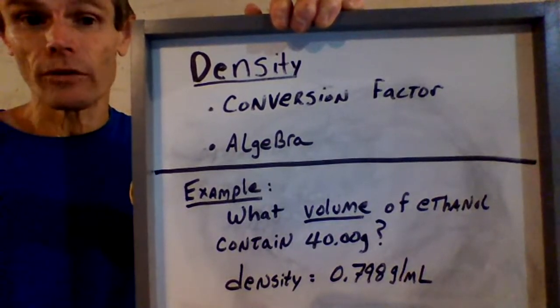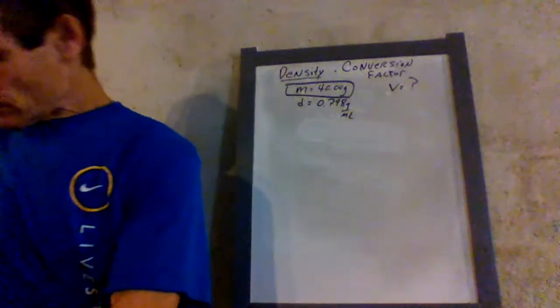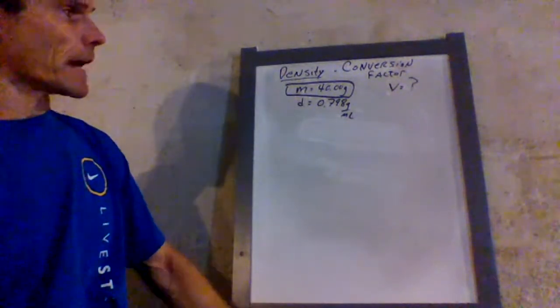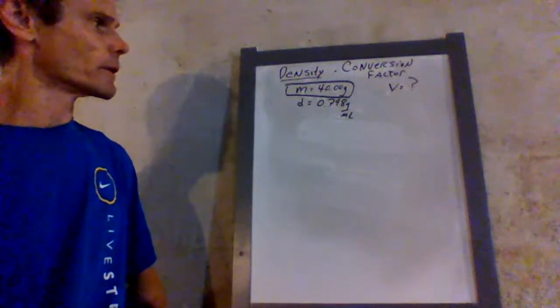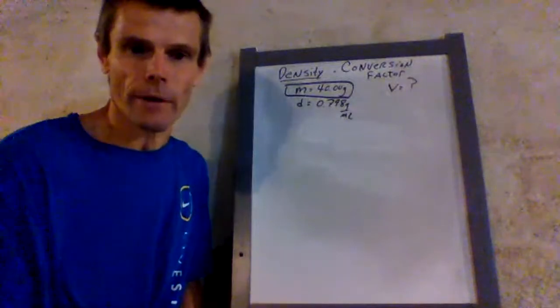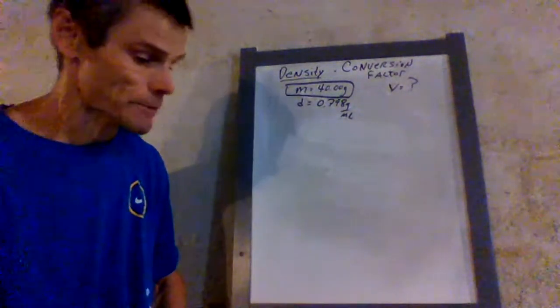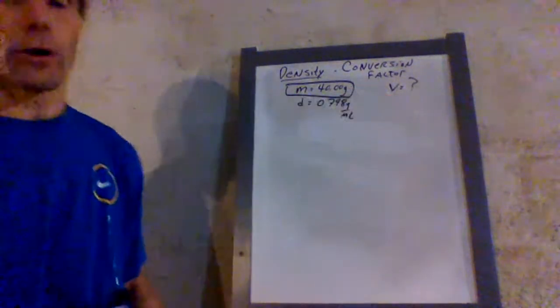Let's begin with using density as a conversion factor. So here's our problem that we began, and this is just the data. And we're going to show how we can use density as a conversion factor. We're given a mass of 40 grams. We're given a density of 0.798 grams per milliliter. And we desire its volume.